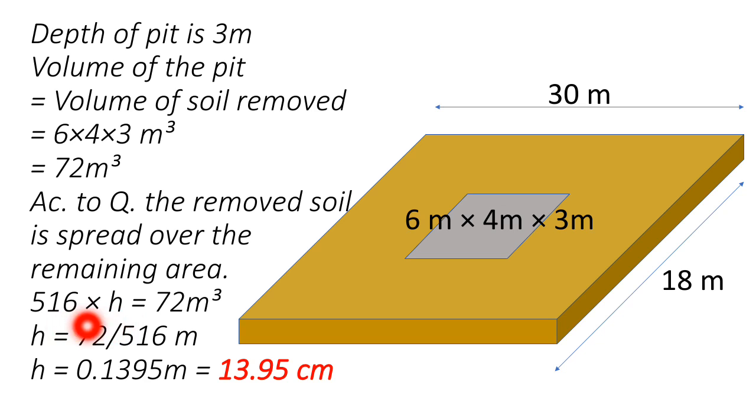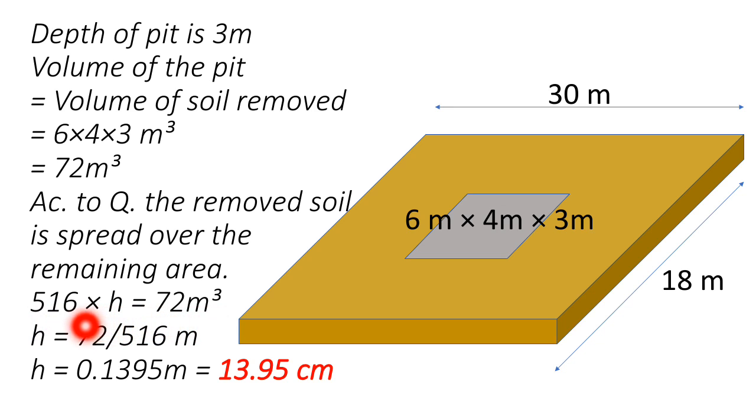Area into height gives the volume, and we know that the volume of the soil spread over the ground is 72 meter cube. So 516 multiplied with the height up to which the level rises is equal to 72 meter cube.